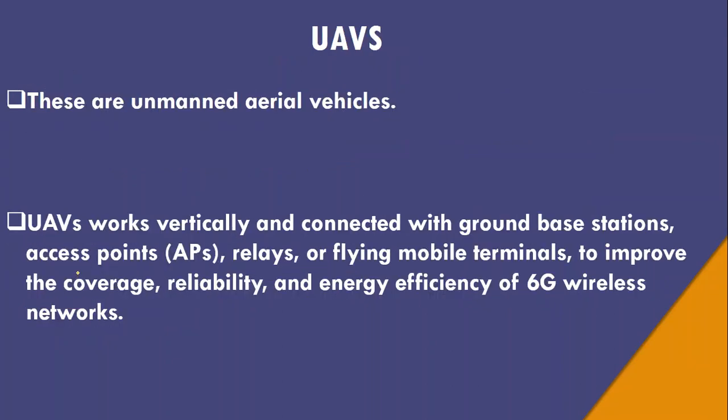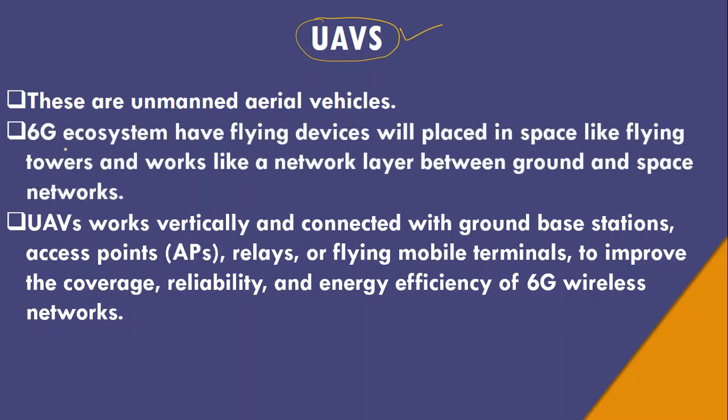The next one is UAVs. What are UAVs? UAVs are unmanned aerial vehicles, or flying towers. In the 6G ecosystem, flying devices are placed in space like flying towers and work like a network layer between the ground and space network.